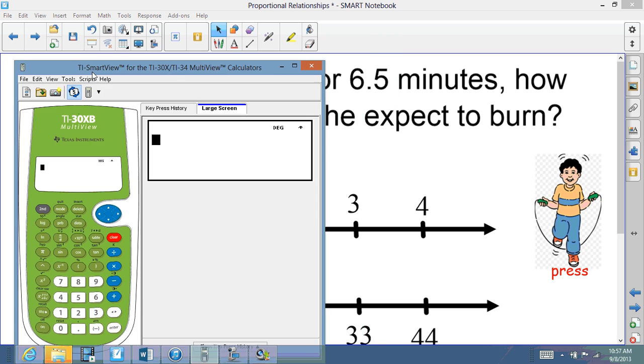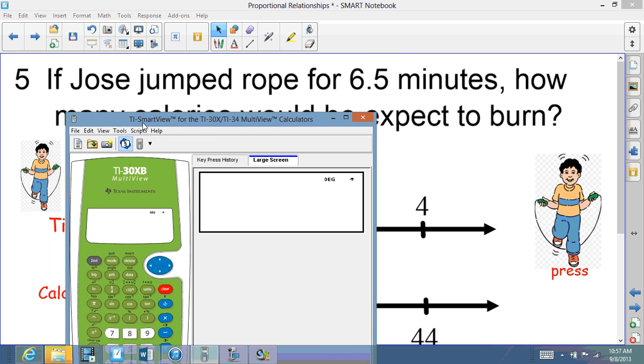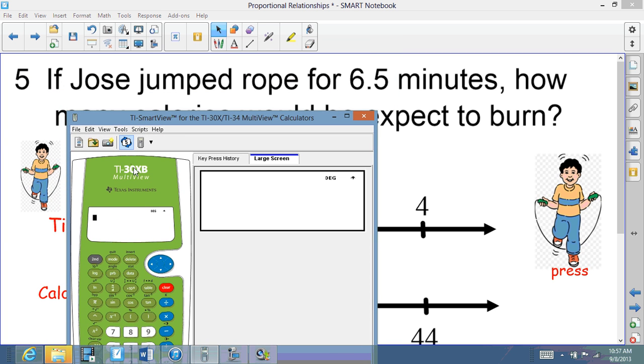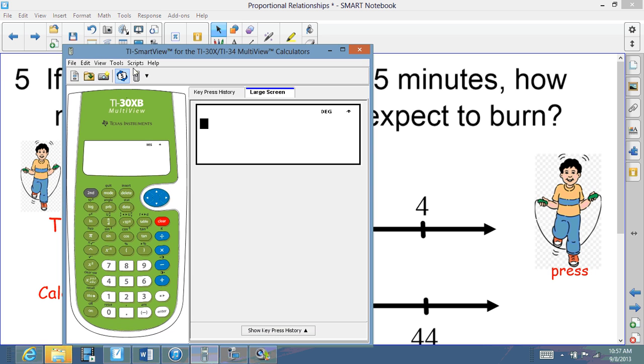So how many minutes did Jose jump rope for? 6.5. So let's type that in our calculator. And we're going to multiply that by 11, because that's the number that gave us the constant value that we multiplied X by.